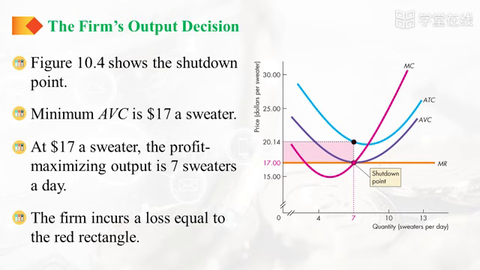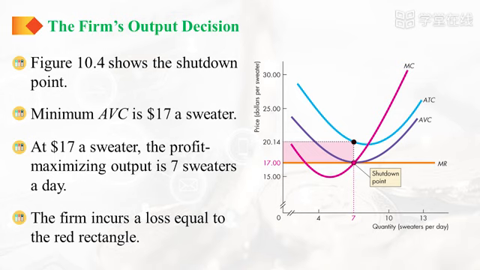In figure 10.4, you can see that the marginal cost curve MC crosses AVC and ATC at their lowest points. Okay? So in this diagram, we can say that the minimum AVC is $17 a sweater.